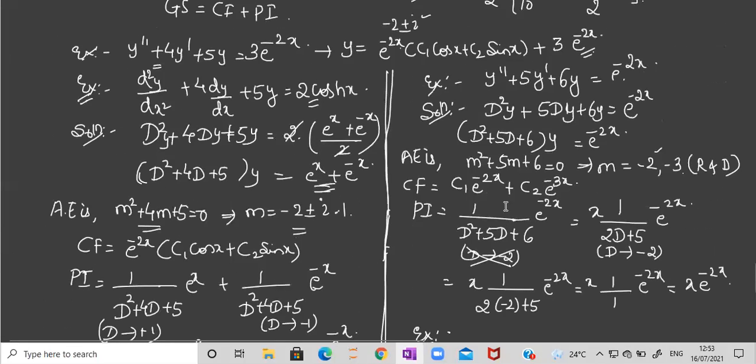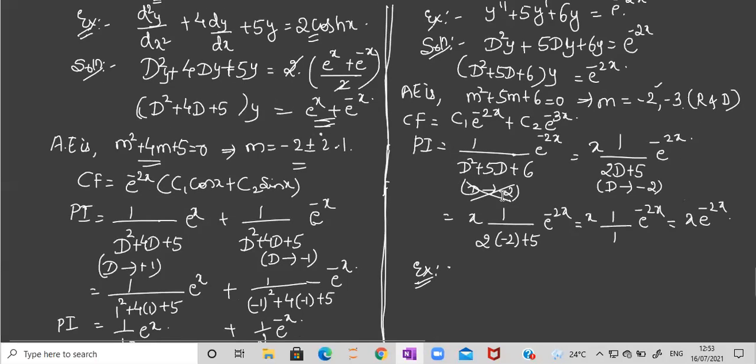Similar to this, the next example. Take down the next one, which is also from your paper only. D square minus 7D plus 10 into y is equal to (1 plus e raised to x) whole square.